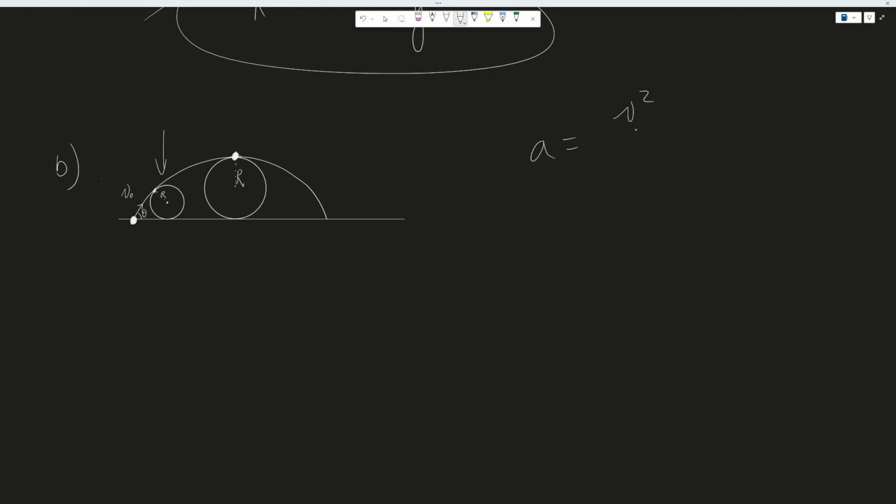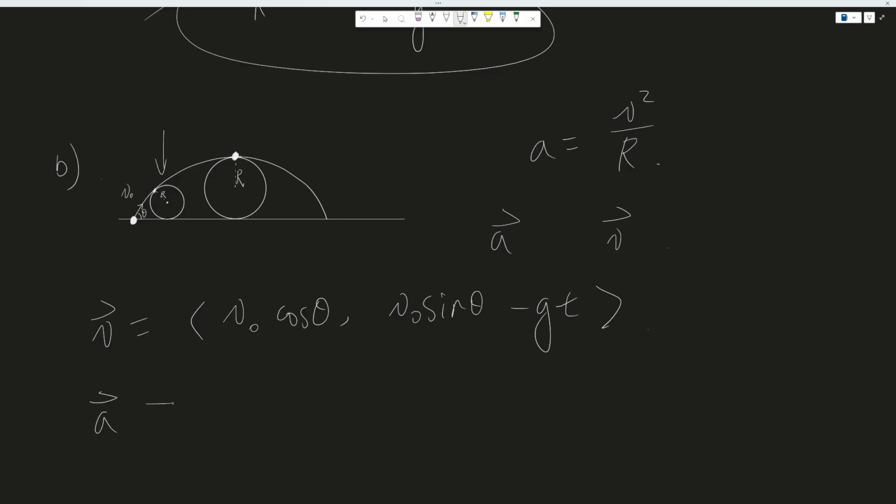We have the formula a equals v squared over r. We just need to get a at the beginning and v. So we knew that v is v naught cosine theta, comma v naught sine theta minus gt. And then acceleration is the same thing, it's 0, comma negative g.